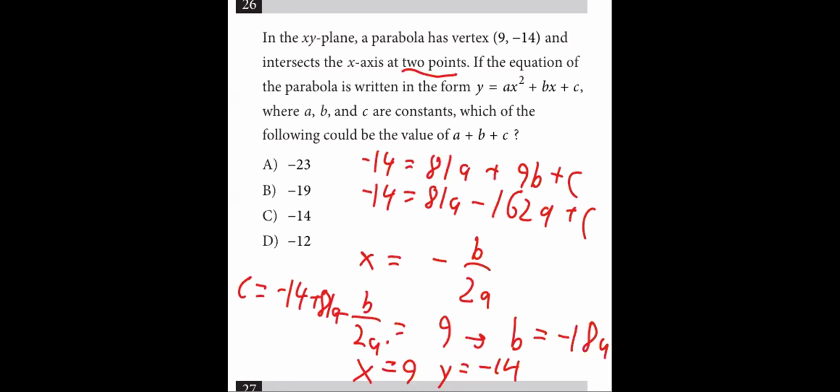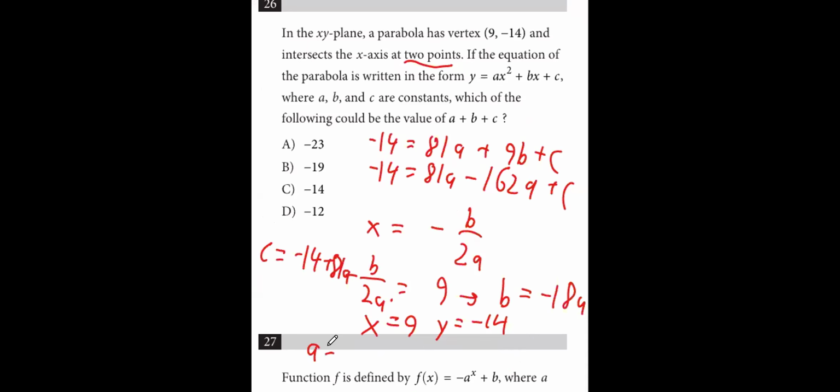Now we need to find a plus b plus c. We have values for all three of these in terms of a. For a, we have just a. For b, we plug in the b value, which is negative 18a. So we have a minus 18a. And for the c value, we have negative 14 plus 81a.